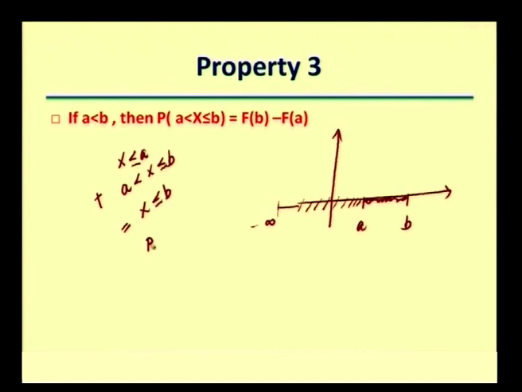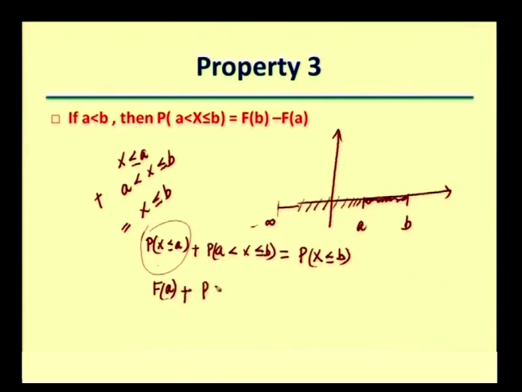Mentioning this in terms of probability, p of x less than or equal to a plus p of a less than x less than or equal to b ultimately gives you p of x less than or equal to b. According to the definition of the cumulative distribution function, p of x less than or equal to a represents F of a, and p of x less than or equal to b represents F of b.